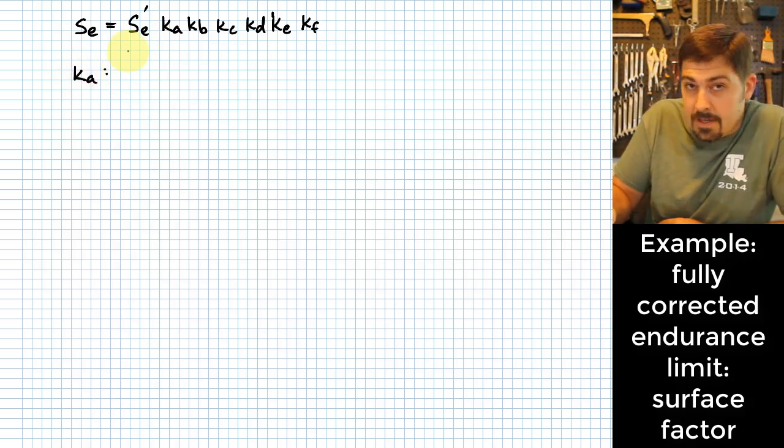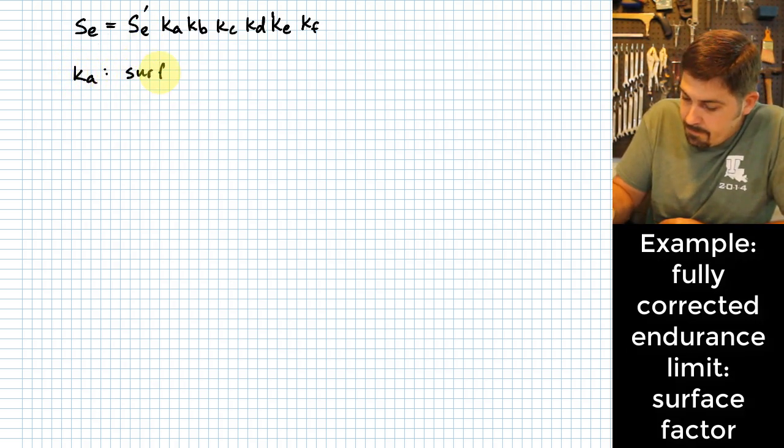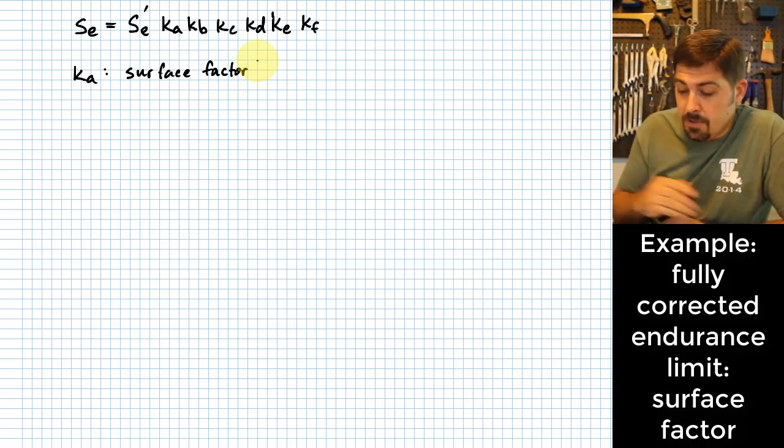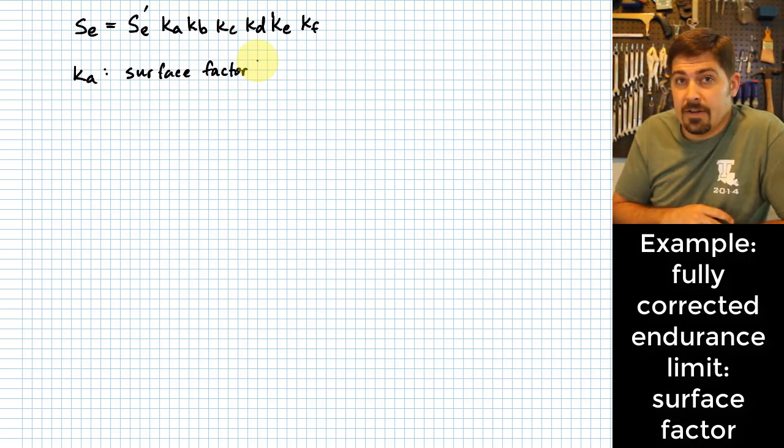And this again is the surface factor. Up at the very beginning, it told us that the surface was similar to that of a cold drawn surface.